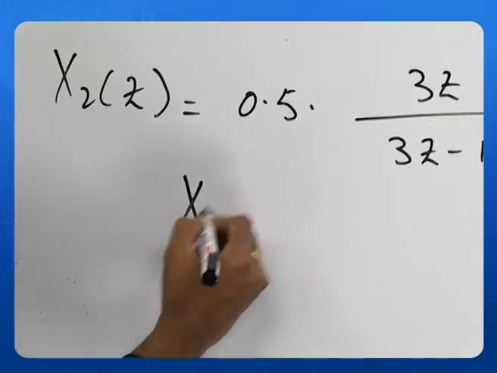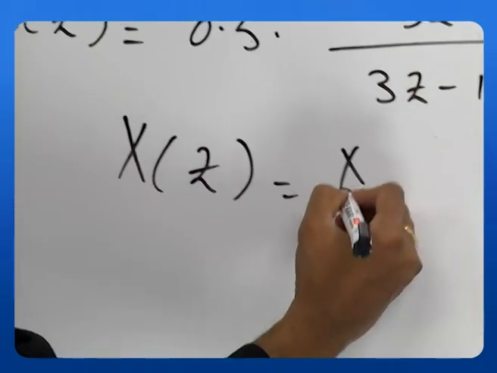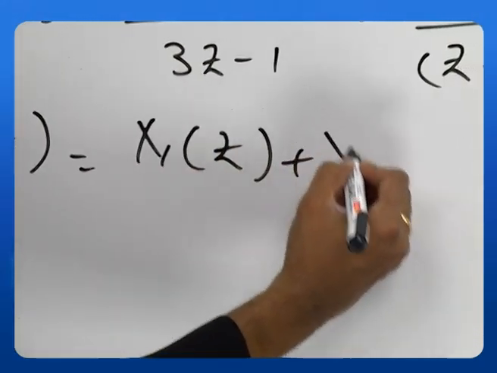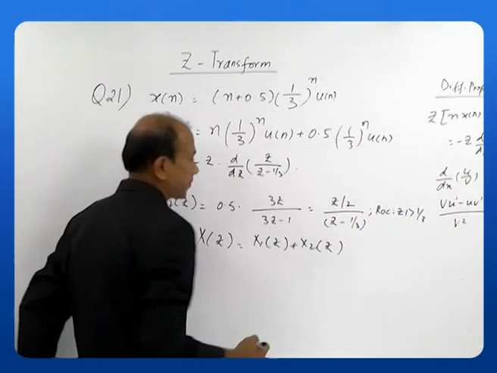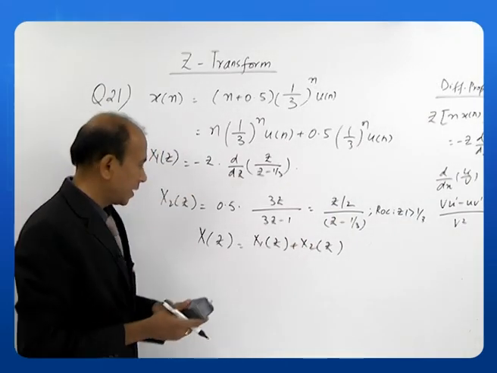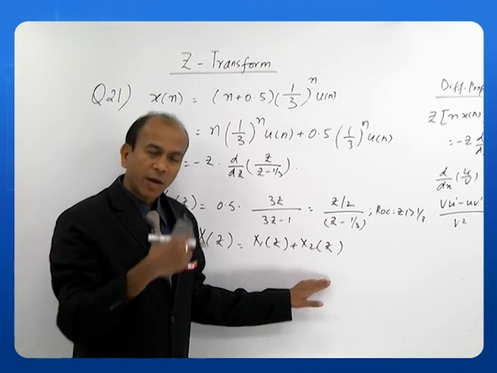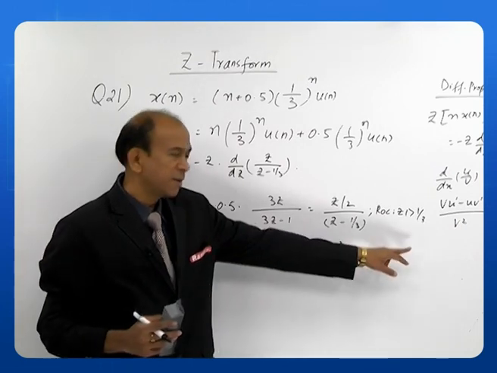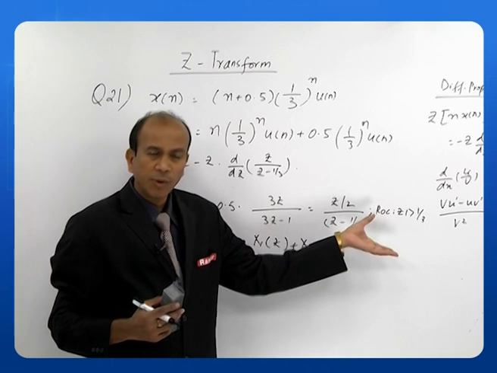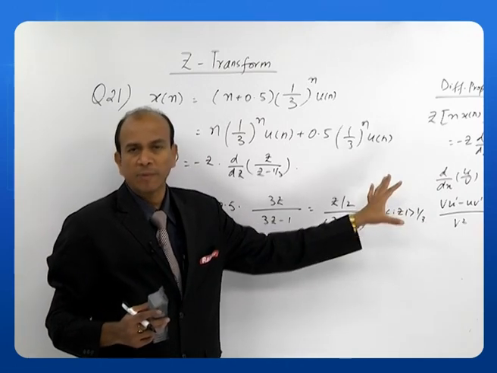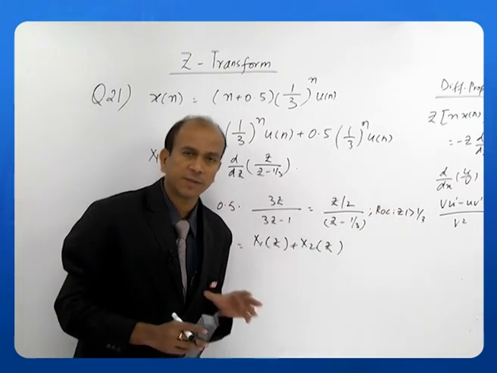Total x of z now is, you can just add them, x1 of z plus x2 of z. So this is the total answer, and the ROC of this combination is nothing but the intersection of ROC1 and ROC2, that is nothing but 1 by 3, which is common between these two. Okay, so this is the answer for this.